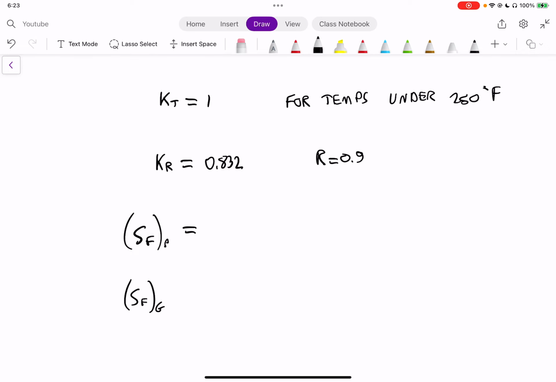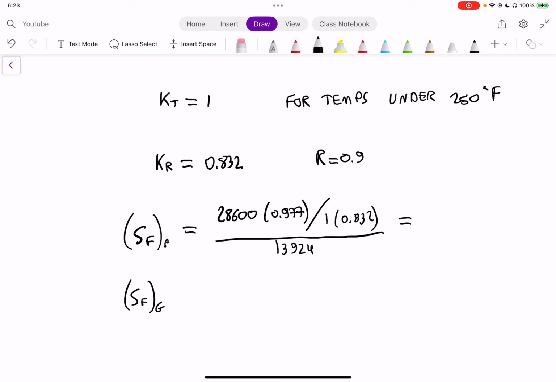So SF of P is going to be equal to 28,600 multiplied by 0.977, divided by 1 times 0.832, all divided by 13,924, and we can see that that gives us a value of 2.41.